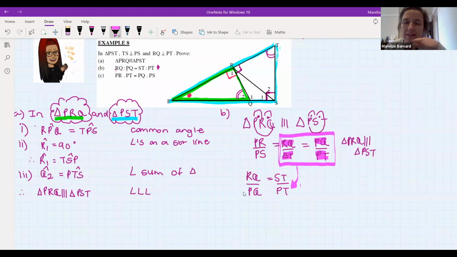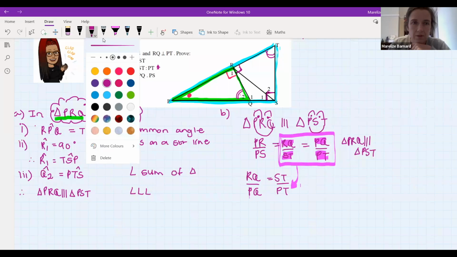Okay, so you have to take these sides now and move them around to get this. This is what we are working towards. So we're going to take, oh, Tandakile, I see you have your hand up. Yes, ma'am.